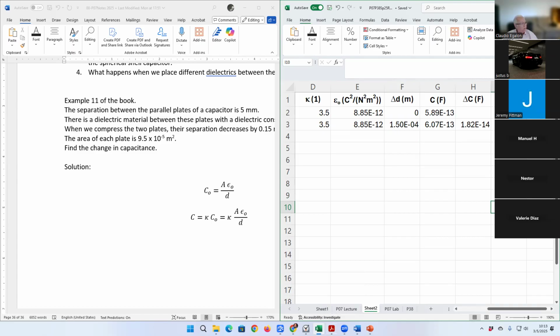Now, let's see what the book says. They said we're getting a different number here. Let's see what's going on. Did I multiply by 3.5?